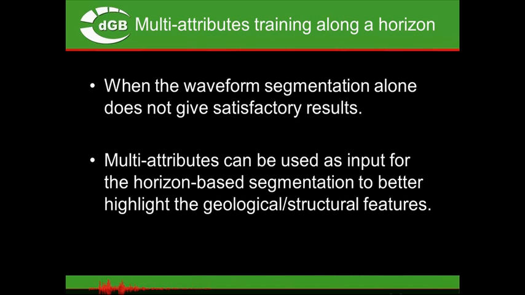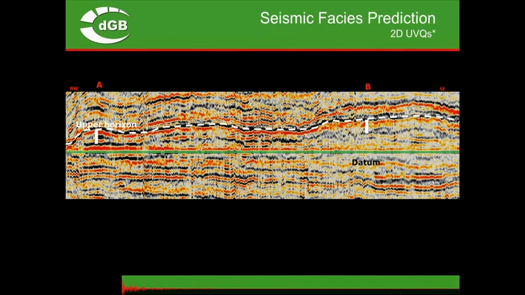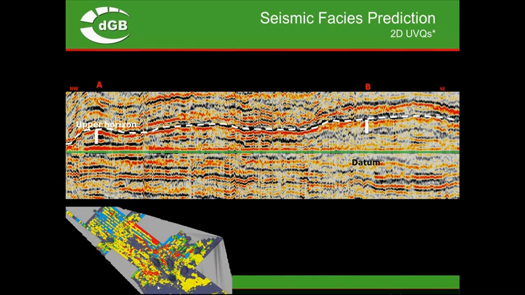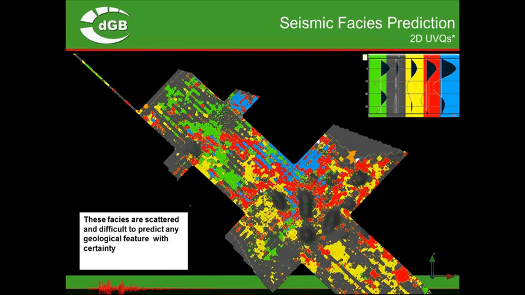In this example, we cluster the data by looking below here, and then this is the result. When zooming, we see that the facies are really scattered, and like you can see here, it's very difficult to predict any geological feature with certainty.